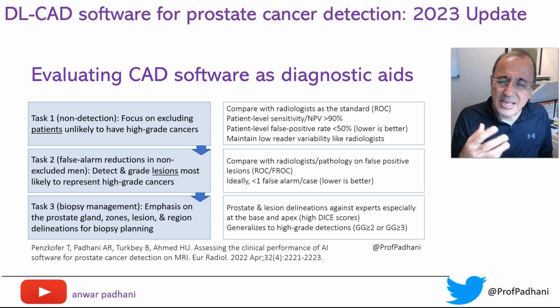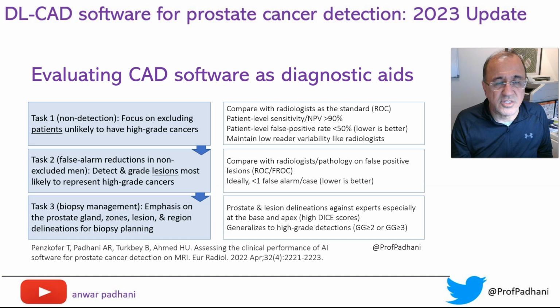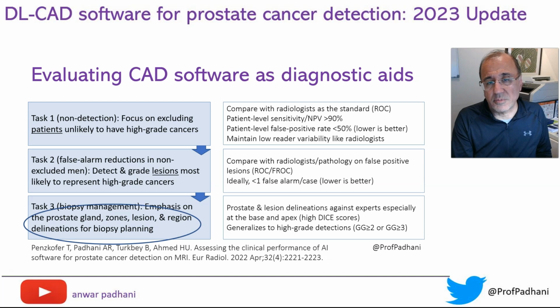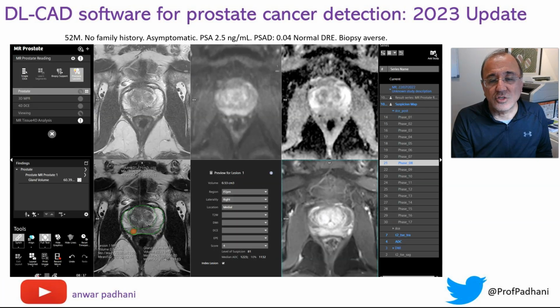Now, regarding the management aspects, here the emphasis is very much on outlining, and the emphasis is to define the prostate gland, define the zones within the prostate gland, the region to be biopsied, and the lesion to be biopsied.